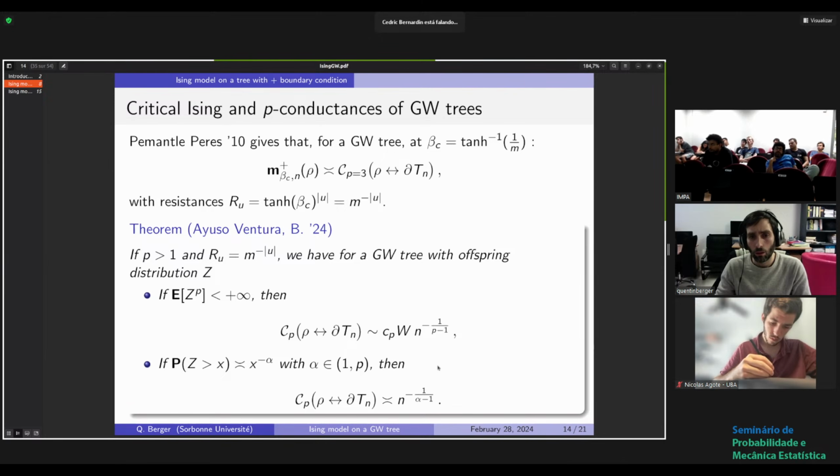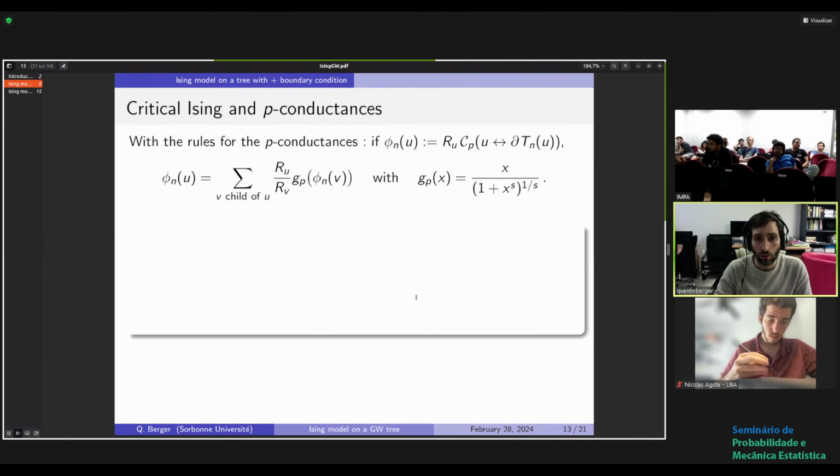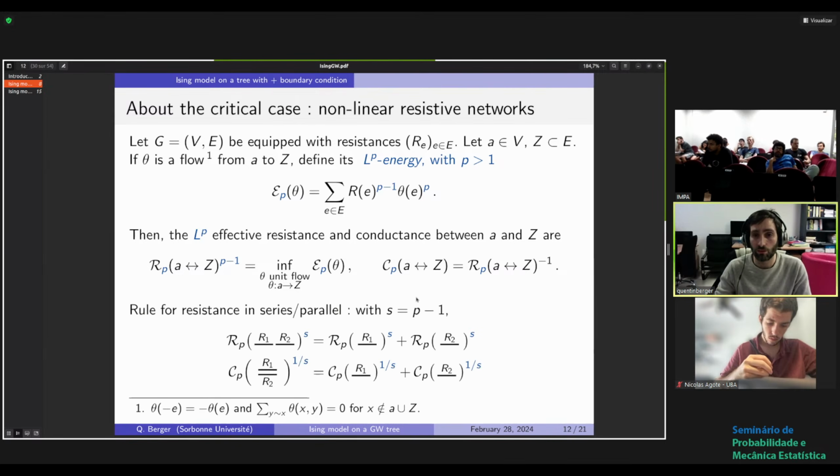Sorry, can you repeat, what is the p-capacity exactly? How would you define it? Yeah, okay, that's an important part. So the p-capacity is defined here. Maybe let me focus on the p-resistance. When I say p-capacity, I mean p-conductance, because for me it's more natural to talk about p-conductance because it's a resistive network, but Pimentel and Perez talk about p-capacity.